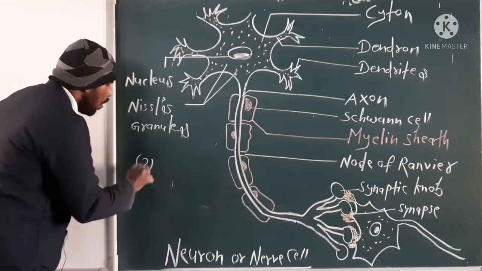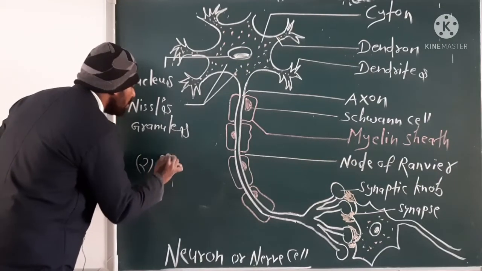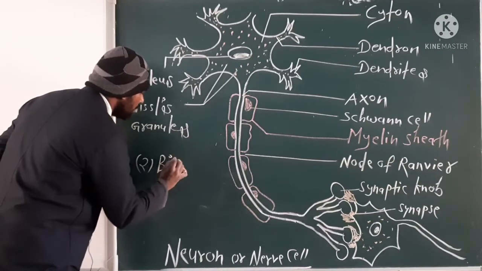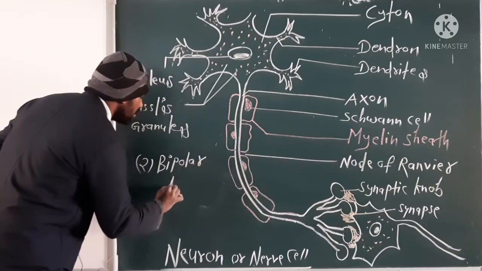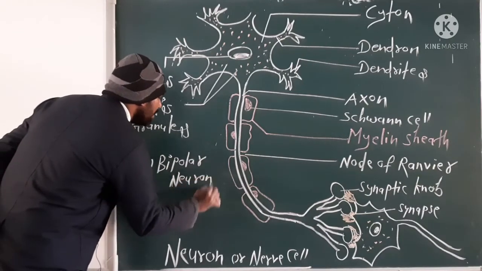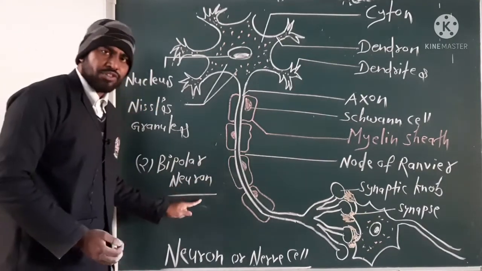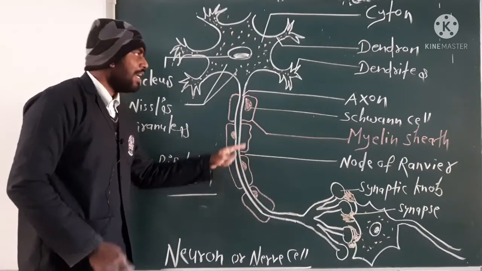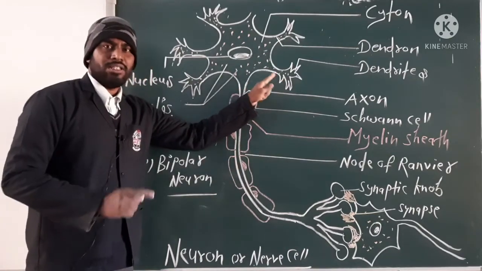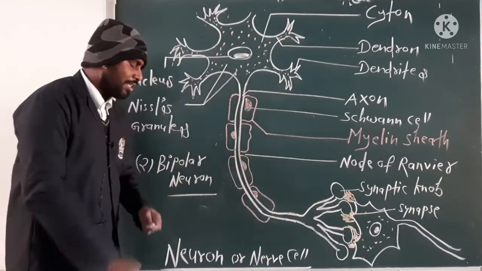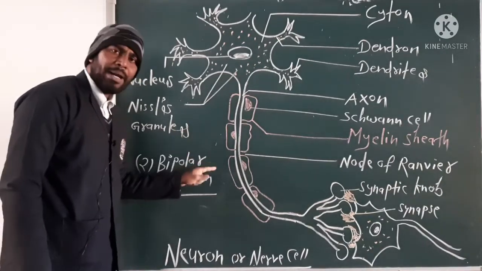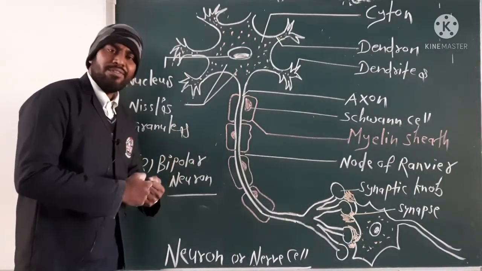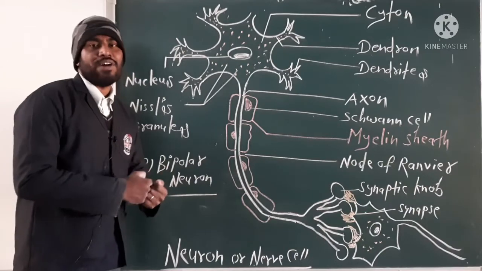The other one is called the bipolar neuron. So bipolar neurons are the type of neuron in which there is one axon and one dendron. That means one dendrite is present. So such a neuron is called a bipolar neuron. They are mostly found in the retina of the eye.